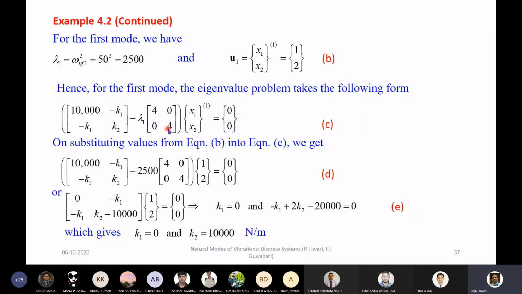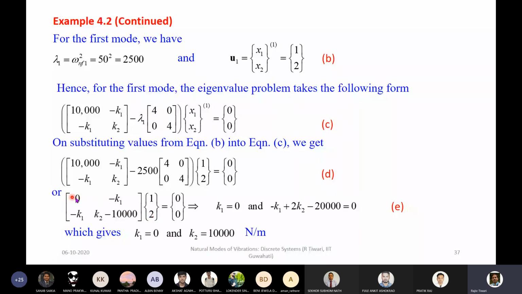Now we can substitute the value of lambda 1 and the given mode shape here. If we simplify this, because these are numbers and some unknowns are there, this can be clubbed like this.